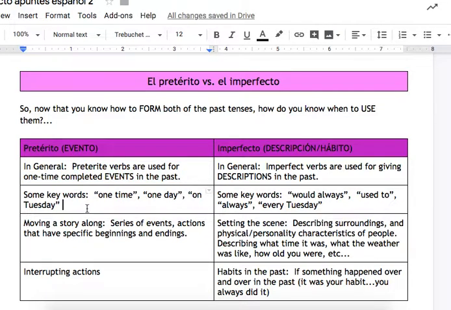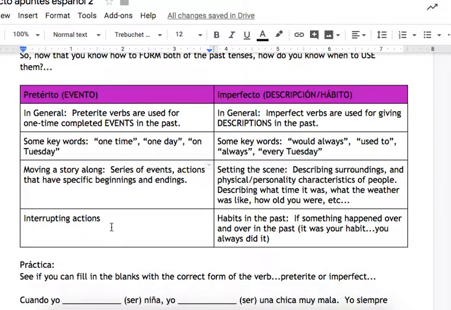Some key words when you are using preterite are one time or one day or a specific time, like on Tuesday or suddenly. These kind of verbs usually move a story along. There's usually a series of events or actions that have specific beginning and endings. These are also interrupting actions.